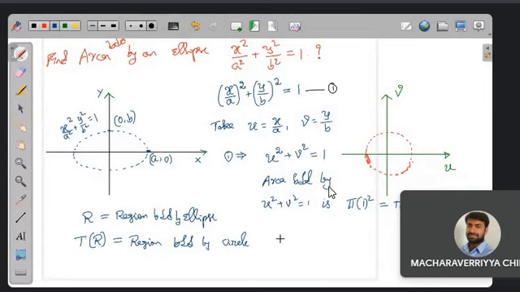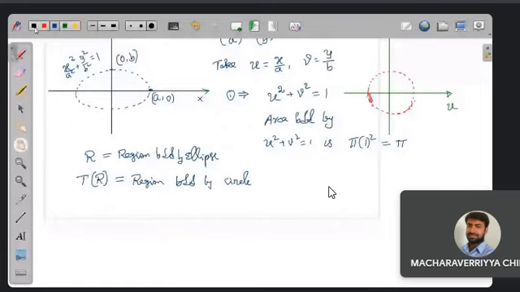Okay. Now earlier we have seen what the relation is between the area of R, I'm using A of R for area, and the area bounded by T of R. We already saw the relation. The relation is nothing but that here we need to take the Jacobian.